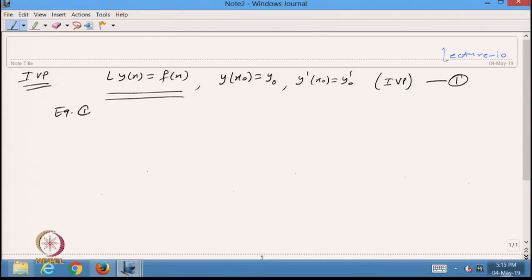So equation 1 can be split into two equations. The first one is L of y(x) equal to 0.